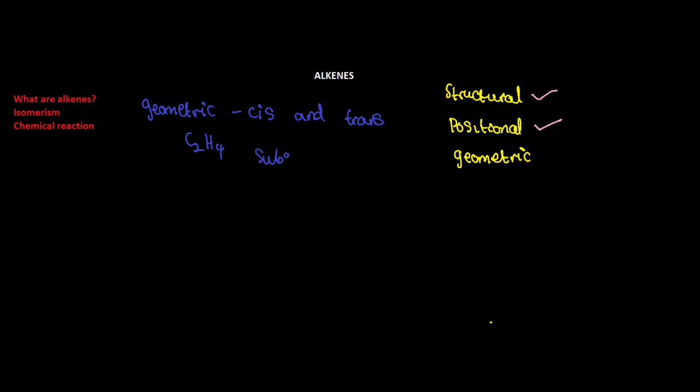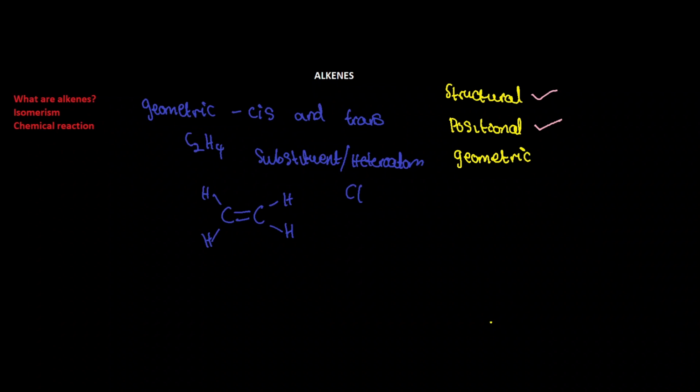Now, in a case where we have a particular substituent or a heteroatom that is arranged across the carbon with the double bond, let me just write this down. We have C2H4 and it looks like this.